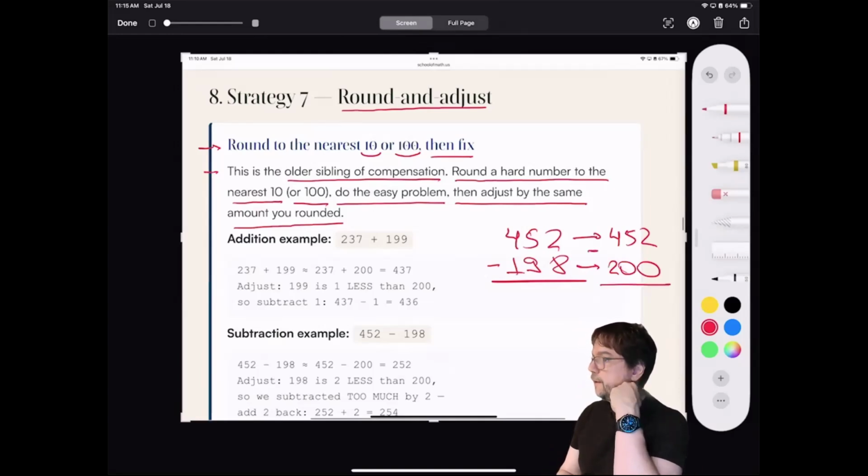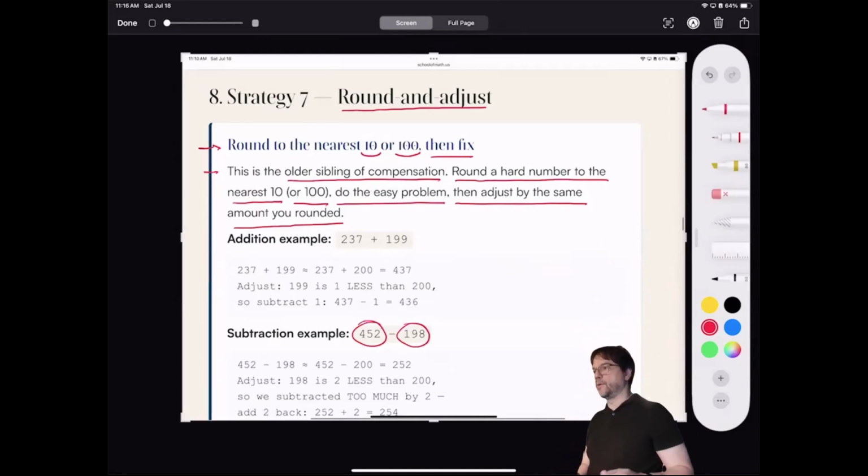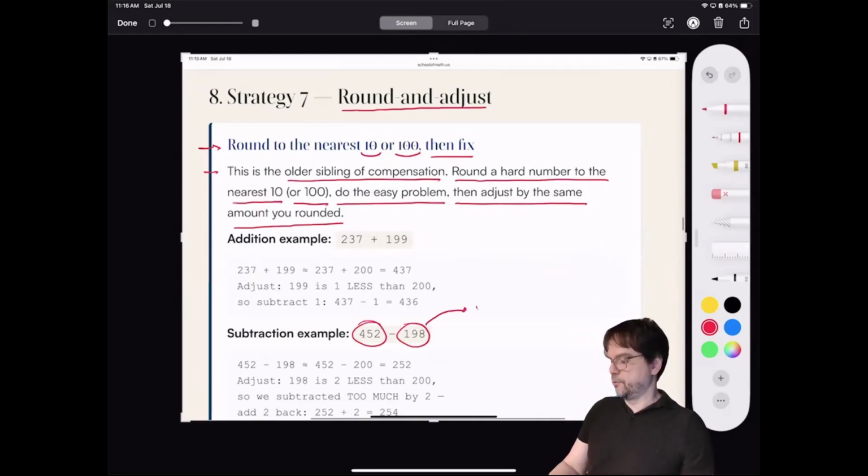Is that okay? Okay, let's do mental math. I told you to do 452 minus 198. Do you agree? But it's too hard, so I'm transforming 198 into 200.